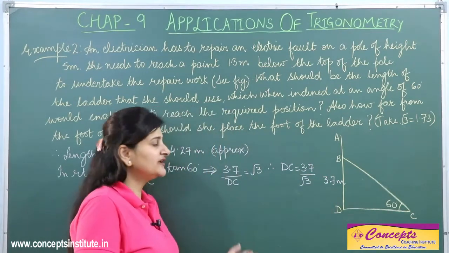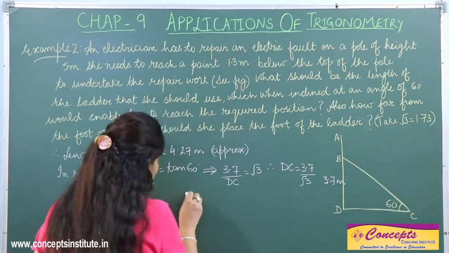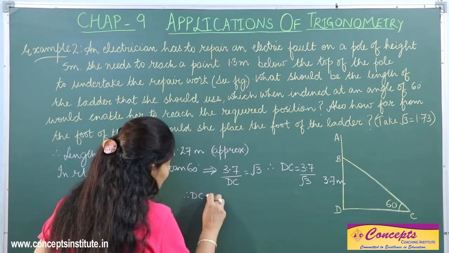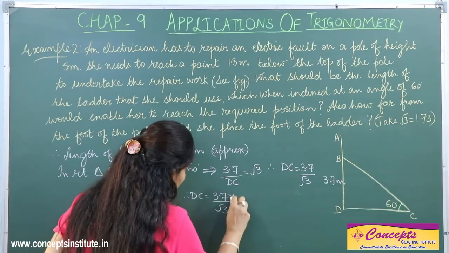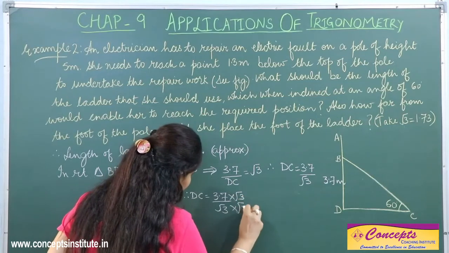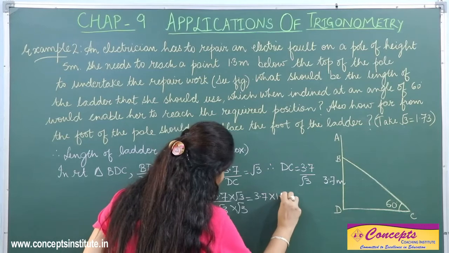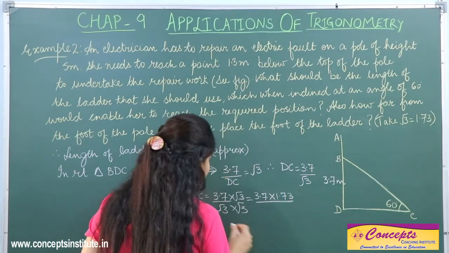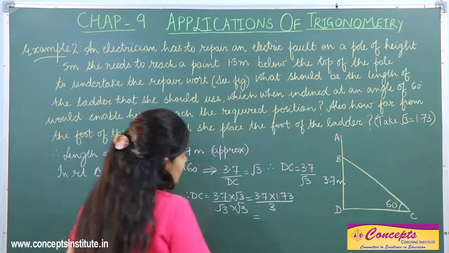Now, as I told you, we cannot put the value of the irrational number in the denominator, we have to rationalize it. So therefore, DC would be equal to 3.7 upon root 3 into root 3 in the numerator and denominator. So that would be 3.7 into 1.73 upon 3. Right students? So let's see what do we get.